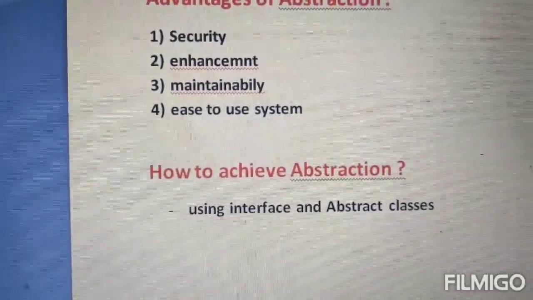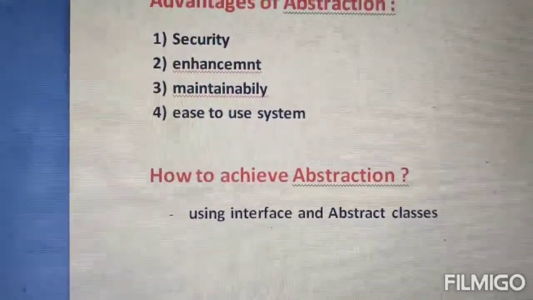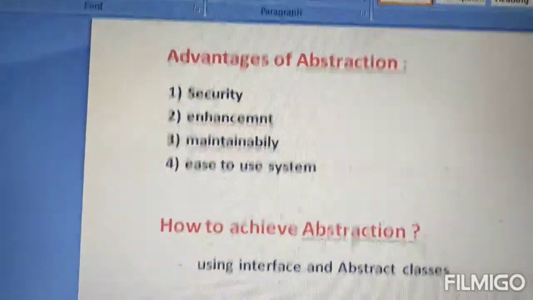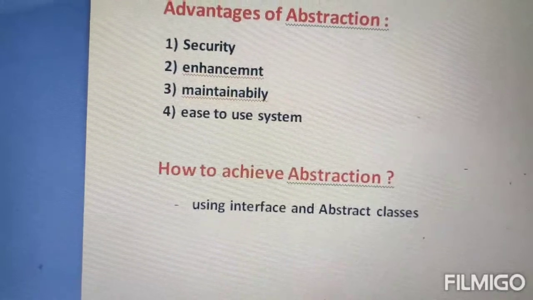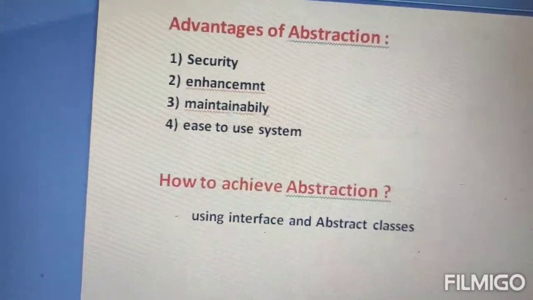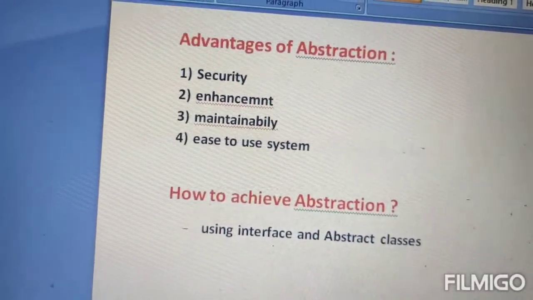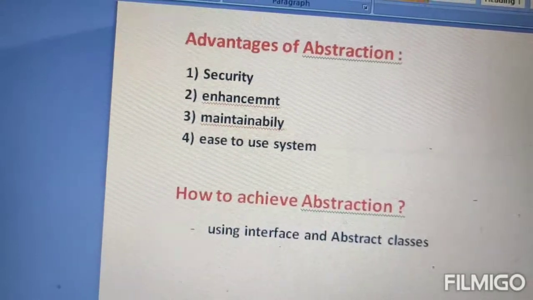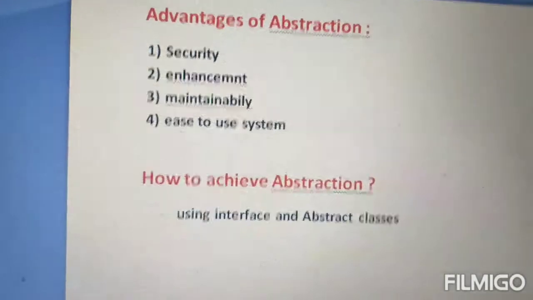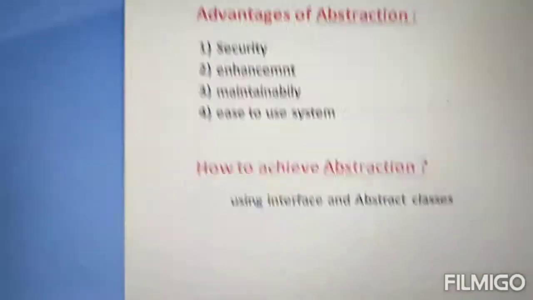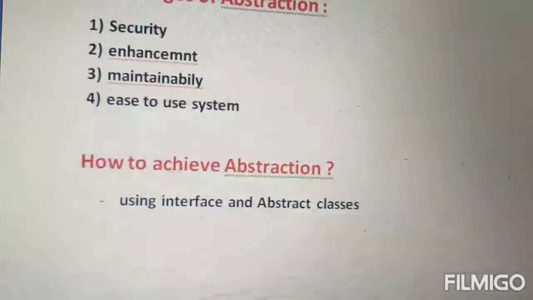As a programmer, you may know that in abstract classes we define abstract methods, and those methods are abstract. That means they don't provide full information or internal implementation. An interface also serves the same purpose.